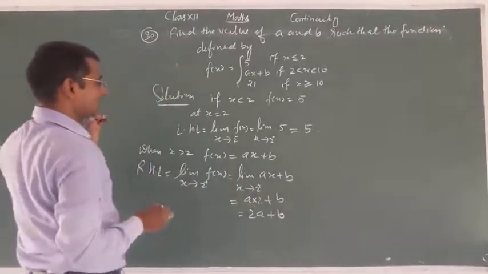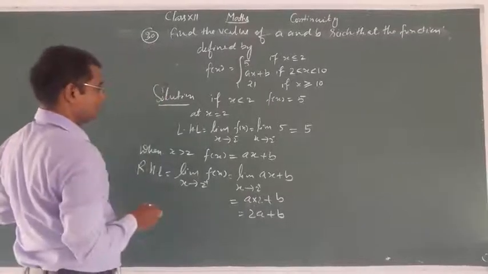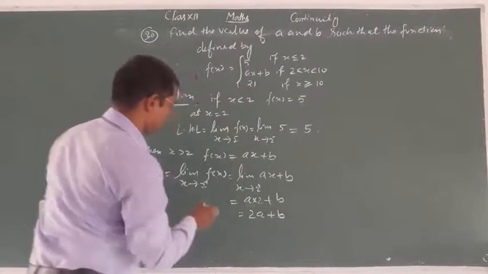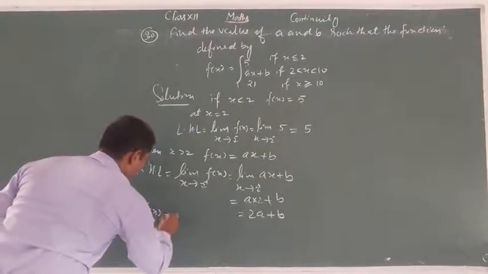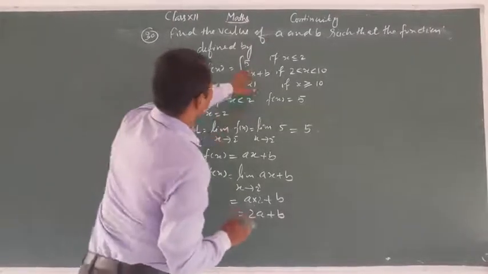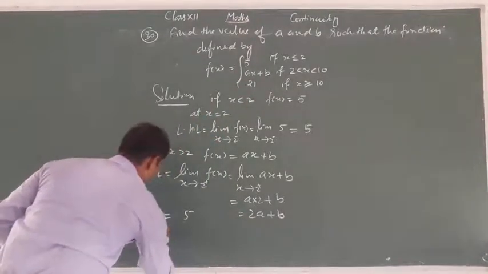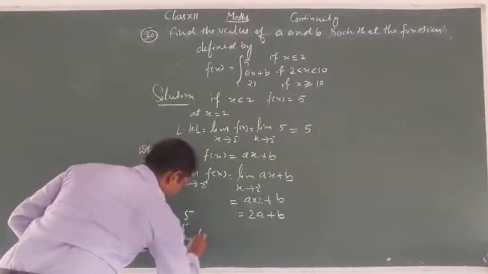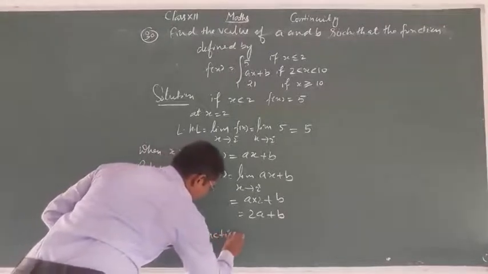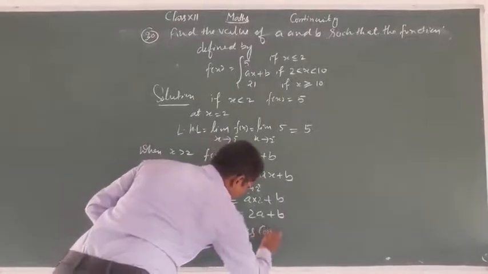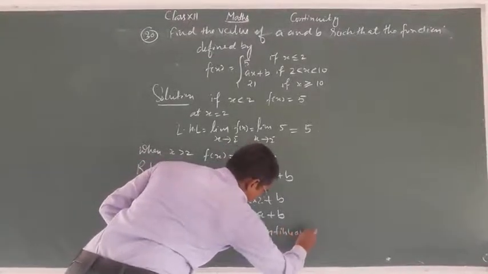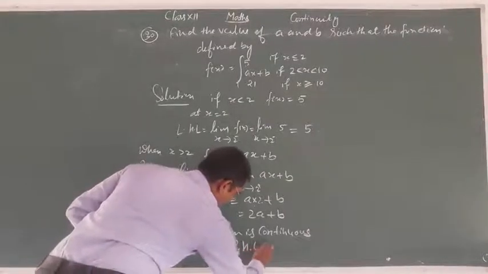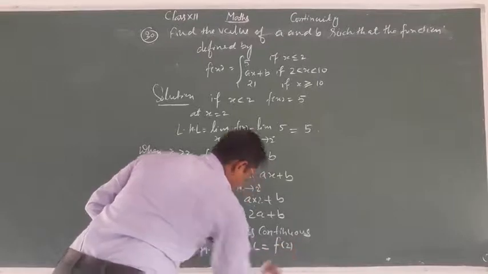And also given the function f(x), f(2) is equal to 5. Given the function is continuous, so the left hand limit is equal to the right hand limit is equal to the value of the given function.